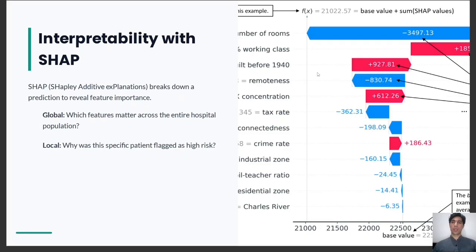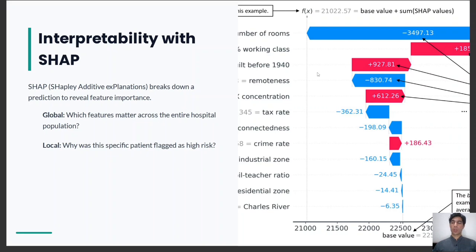Then we have interpretability, using SHAP values, which break down a prediction to reveal feature importance. The problem is that medical professionals and clinicians don't like black boxes. They want to know the reasons behind why a model predicted what it predicted. So they need an explanation, and for that we use SHAP values.